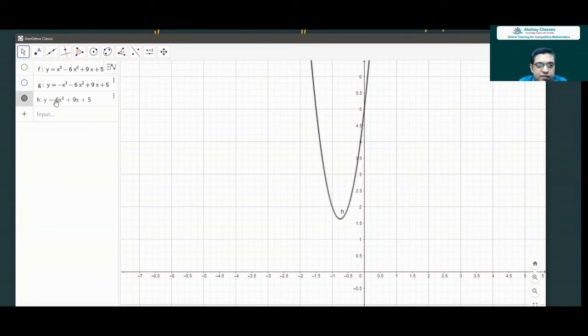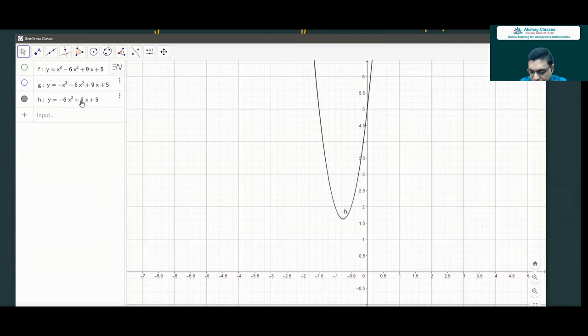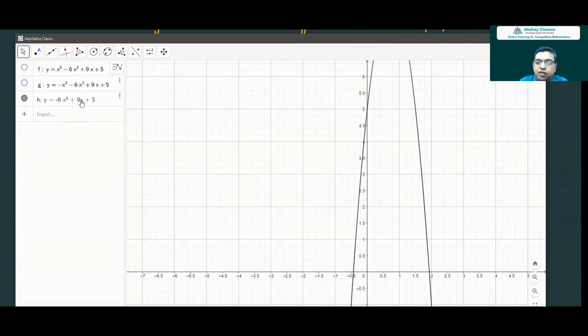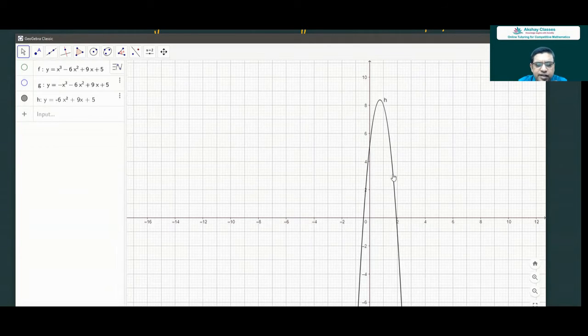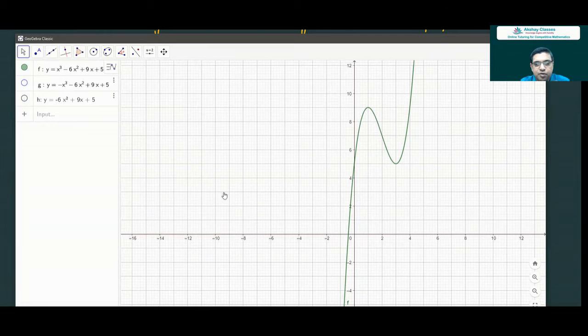If I have a negative sign, it will be a parabola opening downwards. So just seeing the equation, mentally we can tell whether it will have a minimum, maximum, and so on. I will do some exercise problems with you, where this understanding will help you get straight to the solution without even actually solving the problem.